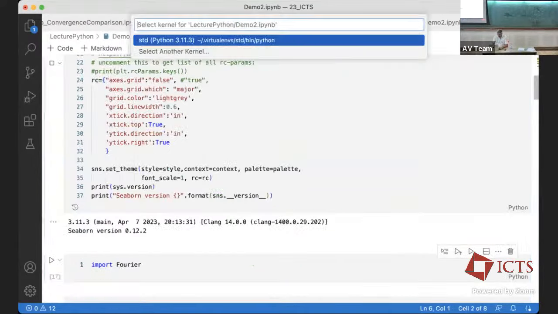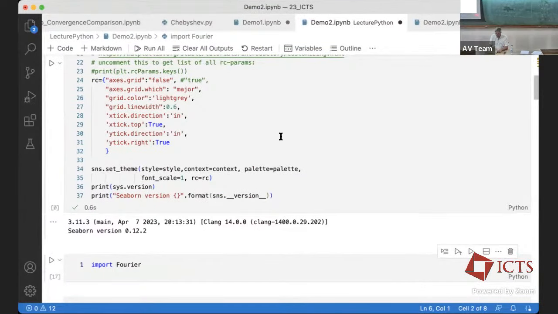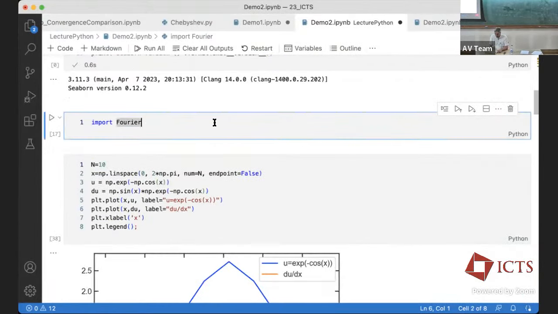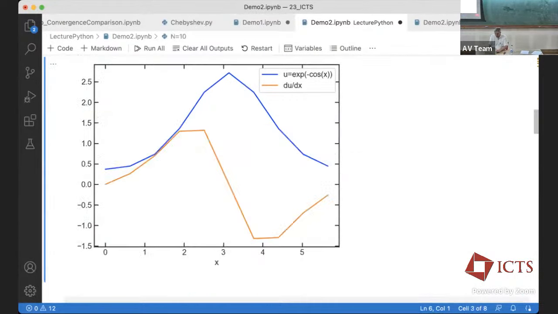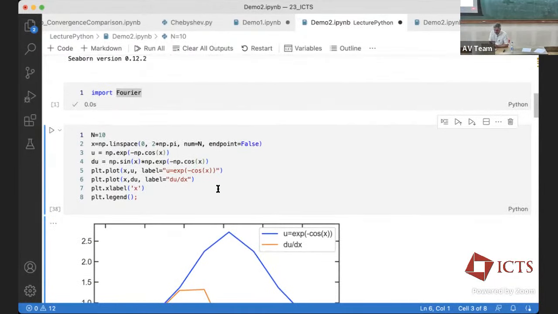Yep, so I have a fairly big standard header where I'm just getting Python to be nice. The file Fourier contains the routines I'm using here.